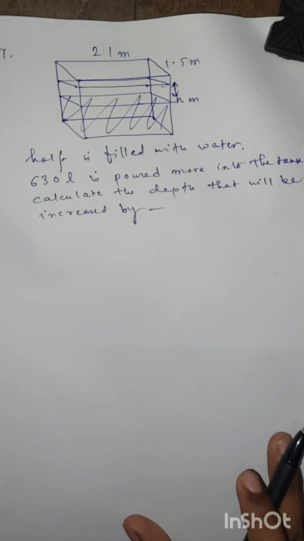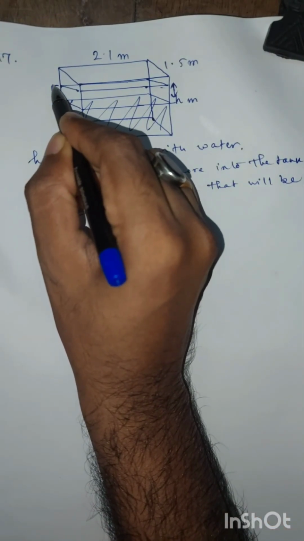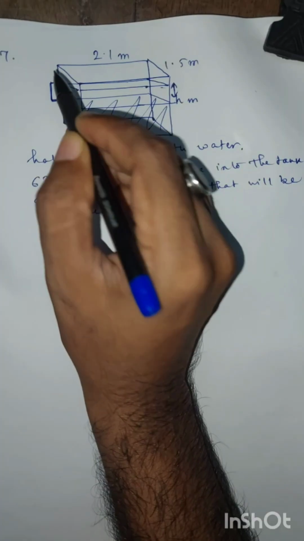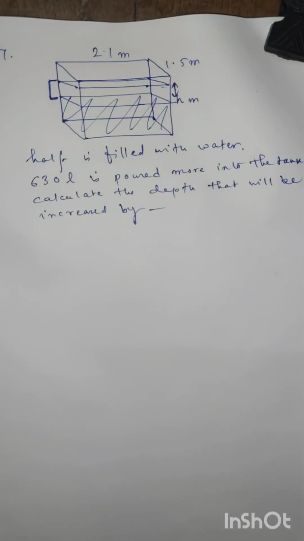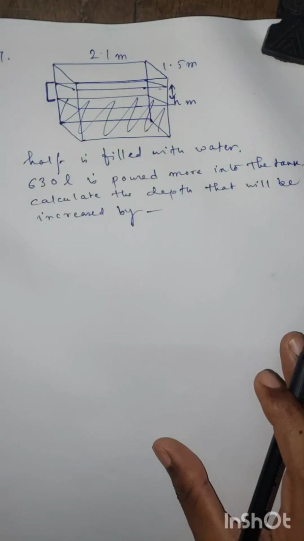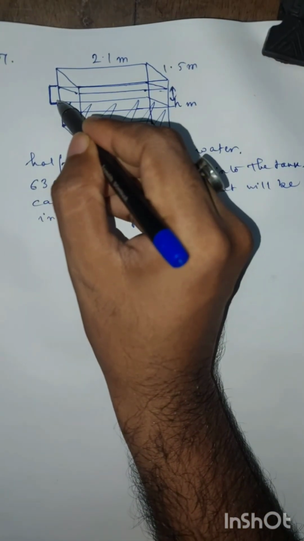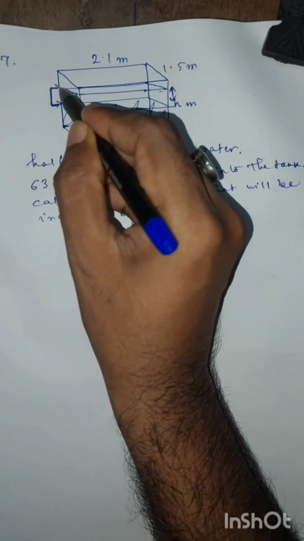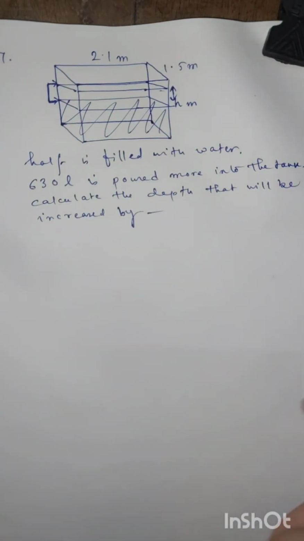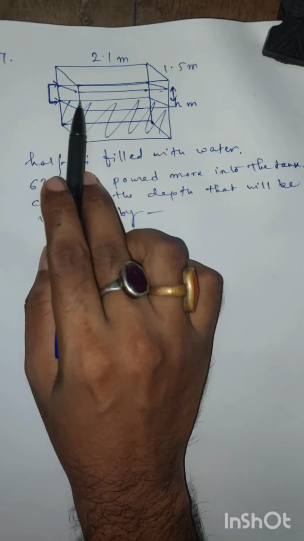So we are going to calculate the volume of water from this point to this point. This is also a cuboid.